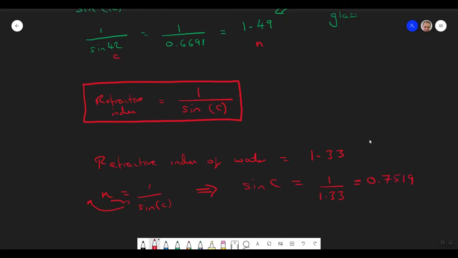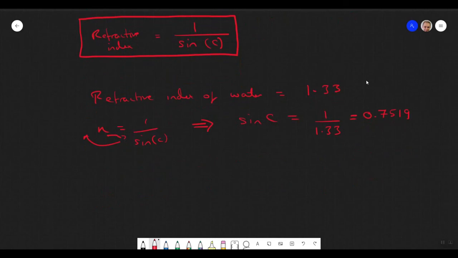And what we can then do is calculate the critical angle from the refractive index by doing sine to the minus 1 of 0.7519.